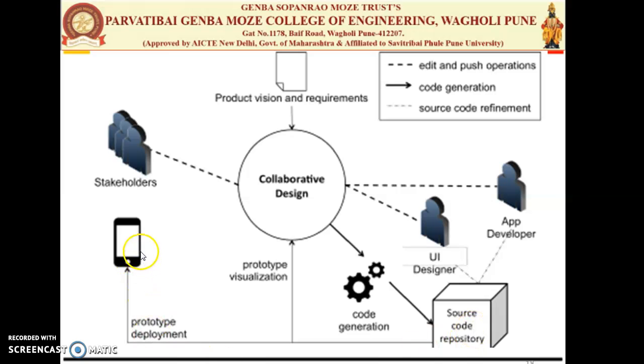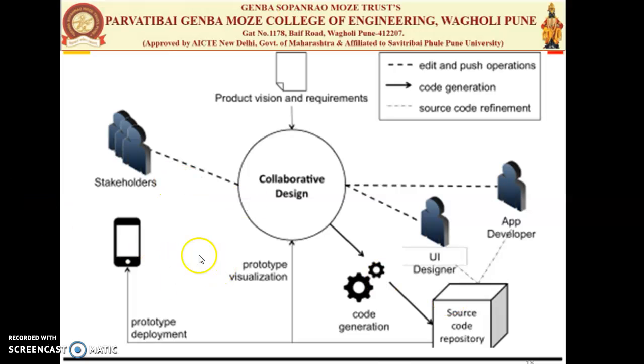When the prototype is created, the prototype is deployed, and when it is deployed, the prototype visualization is done on the collaborative design. If there are any product versions and requirements, they are also listed there. These people are geographically distributed, so there is always a need for proper communication between the UI developers, app developers, backend developers, and other team members who are involved in project development.